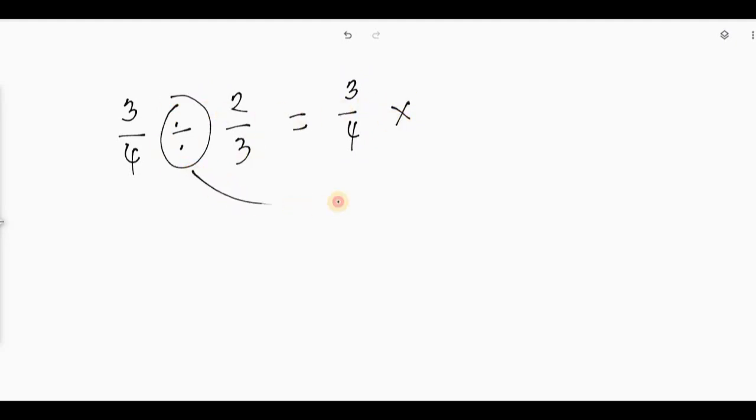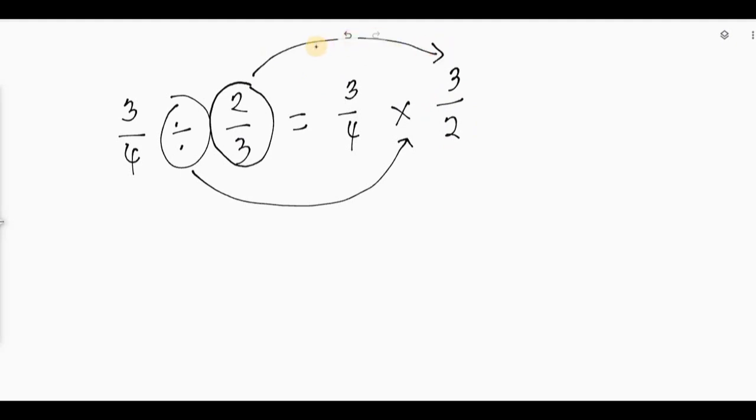Okay? So, divide, naging times. And then, take the reciprocal. When we say reciprocal, yung i-reverse natin. So, instead of 2/3, gagawin natin 3/2. Okay? So, that is reciprocal.